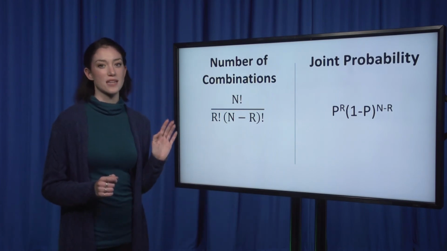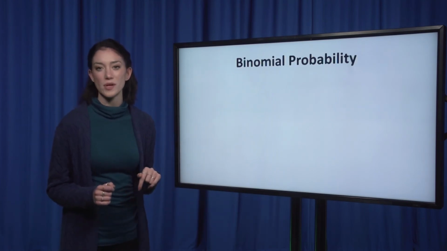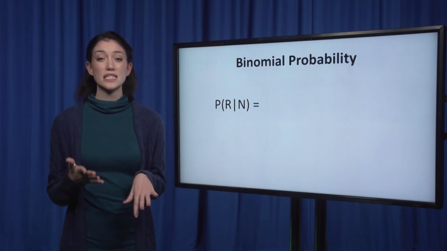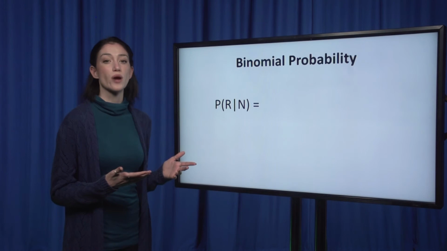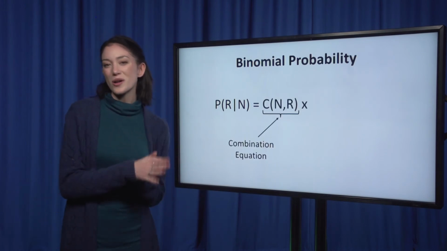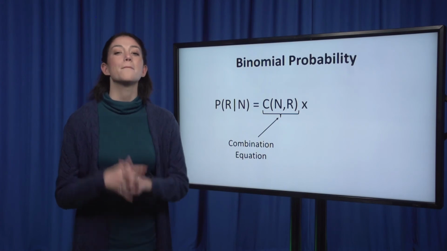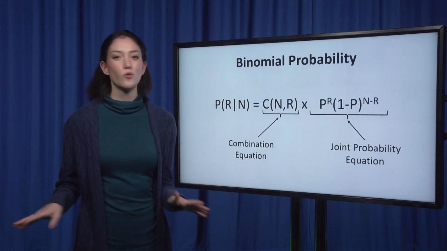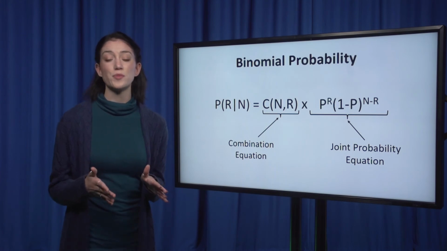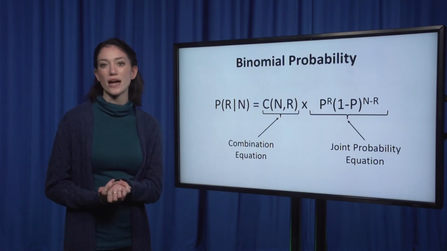As the final step in computing binomial probability, you just put those 2 parts together. You can figure out the probability of getting r successes out of n trials by multiplying the number of combinations for a sequence that has r successes out of n trials by the joint probability of any one of those sequences. When you do this, you are finding the probability of r successes in n trials.